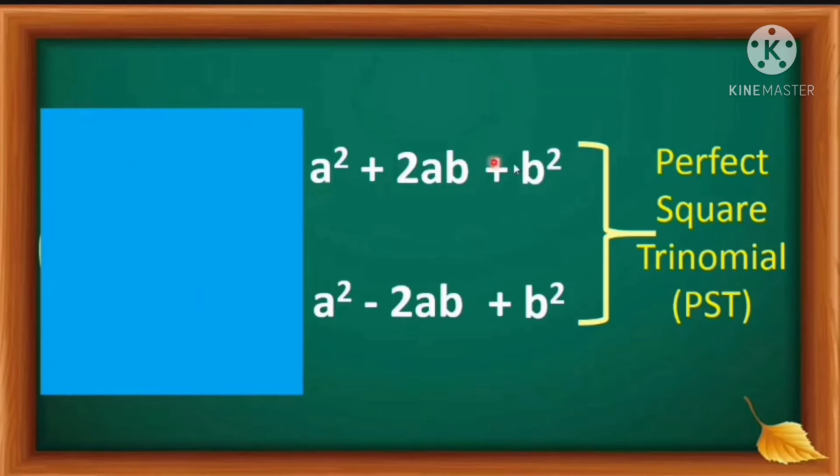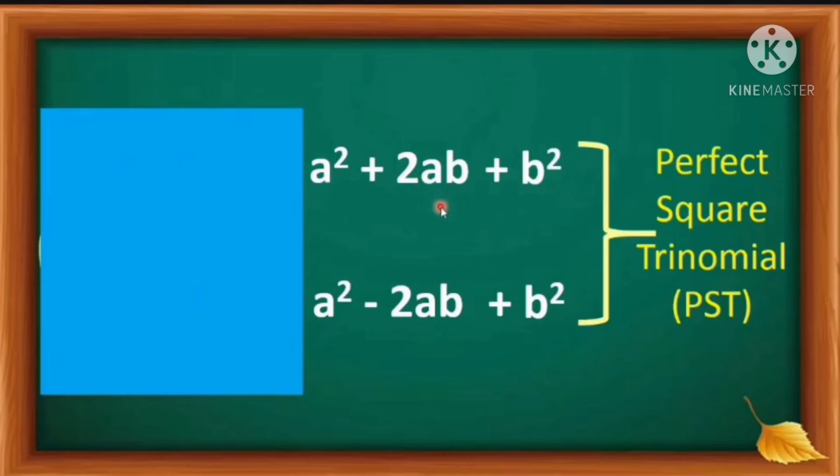Yung a squared at saka yung b squared, they are both perfect squares. And also, the middle term should be twice the product of the square roots of the first term and the third term. Meaning, the square root of a squared is a. The square root of b squared is b. So, a times b is ab, times 2, that would be 2ab.